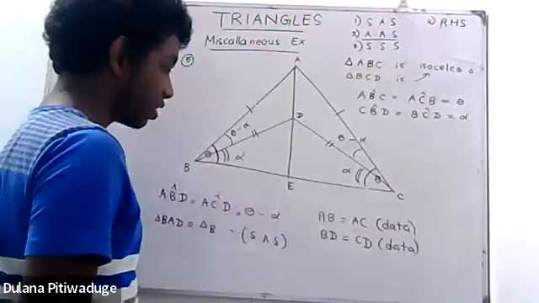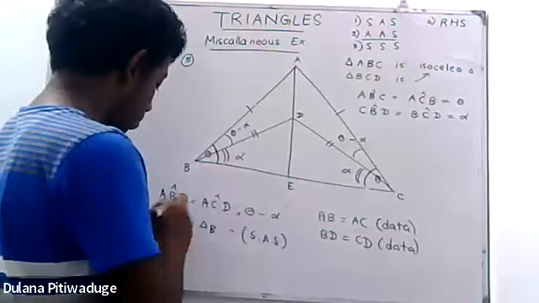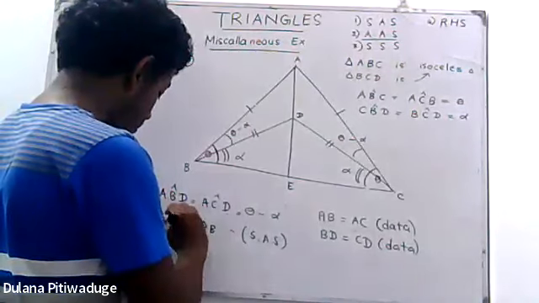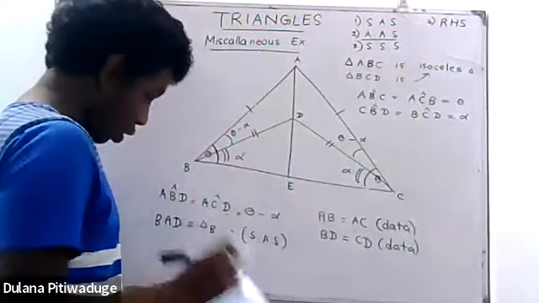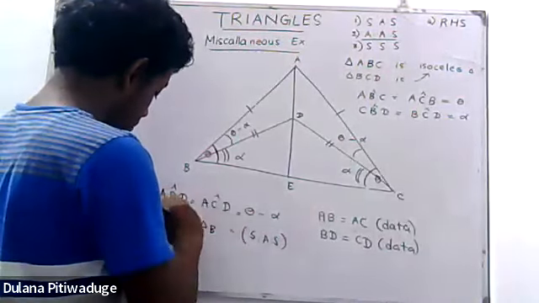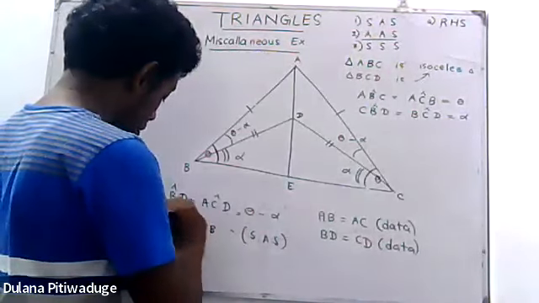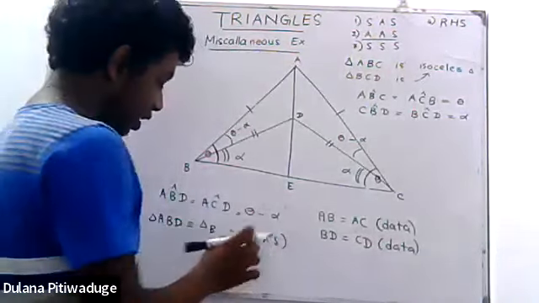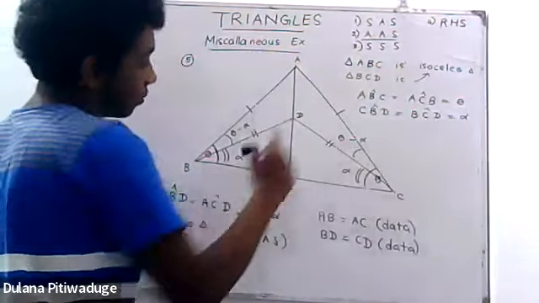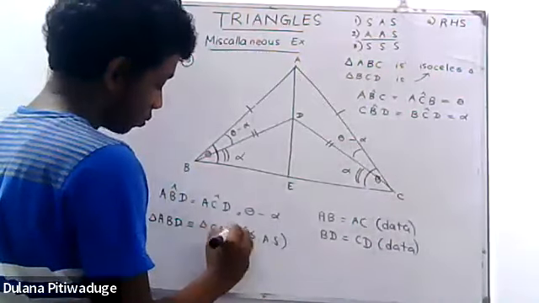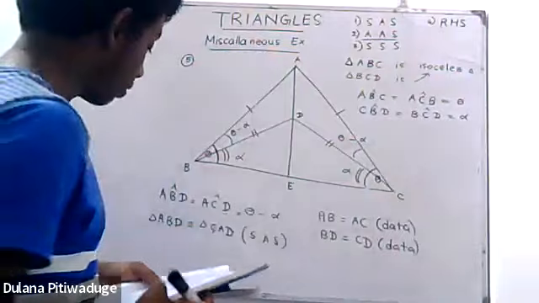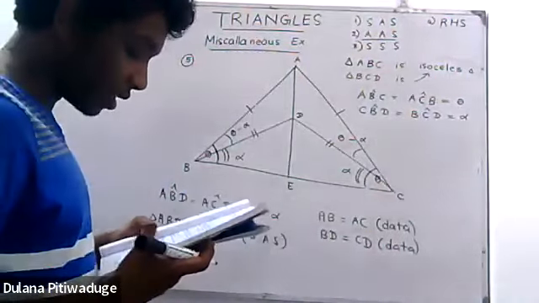It's equal to theta minus alpha. Then triangles ABD and triangle CAD are congruent by the case of SAS.